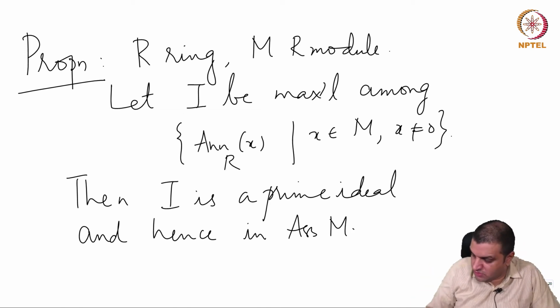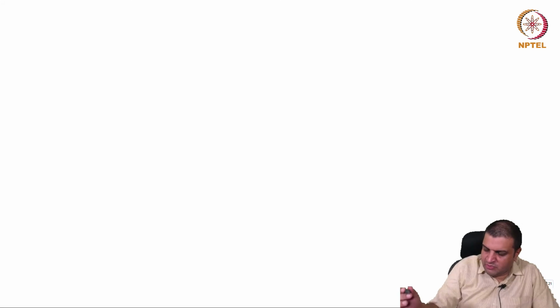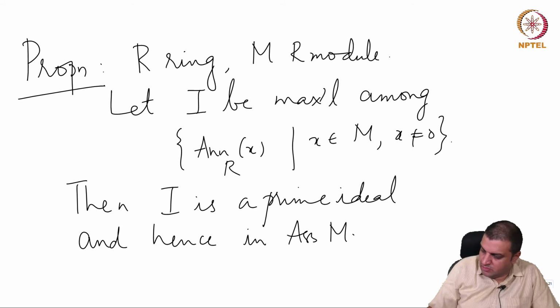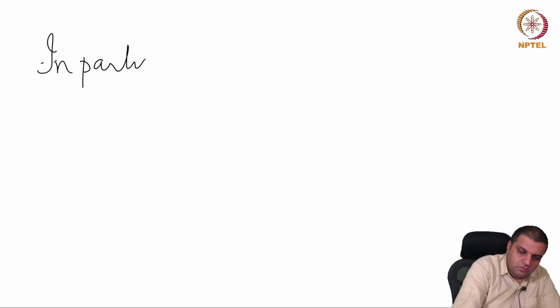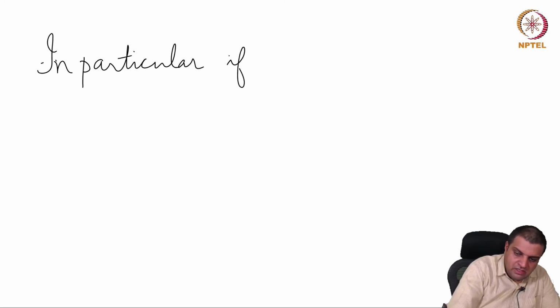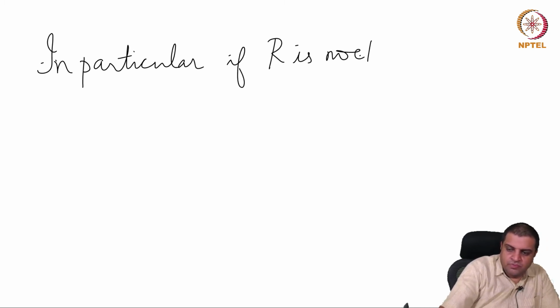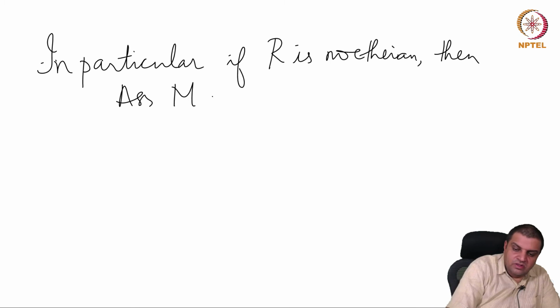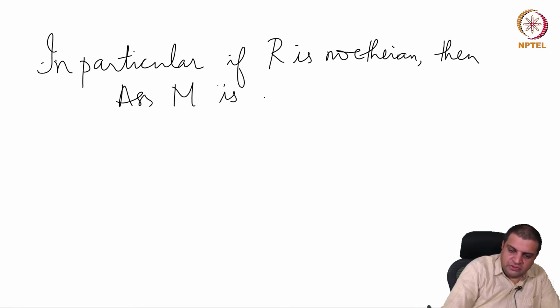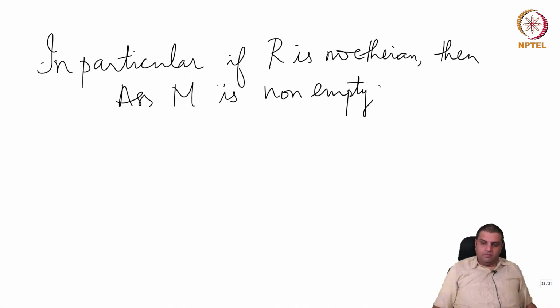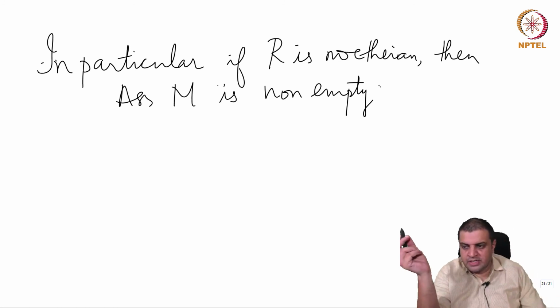This is one way of looking for associated primes, but of course it is not guaranteed that such sets will have maximal elements. In particular, if R is Noetherian, then the set of associated primes is non-empty. So modules over Noetherian rings have associated primes.